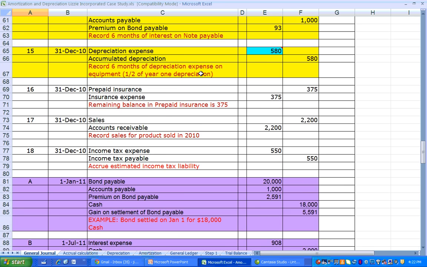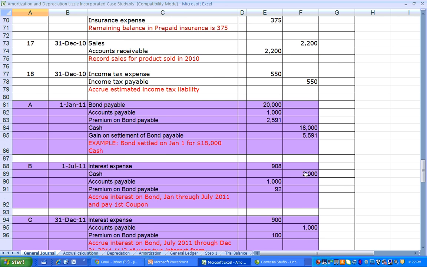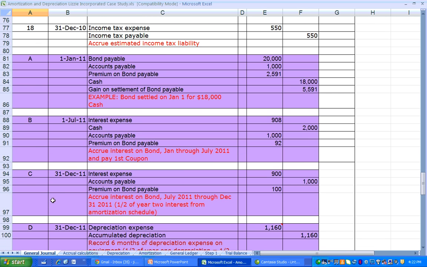And then I went through and recorded scenario C, recording the interest expense for the first half of year two of the amortization schedule, which is going to get recorded in the second half of the 2011 calendar year. Take a look at this, practice it. It's very, very common that we're going to make you adapt your amortization schedule to the calendar year.